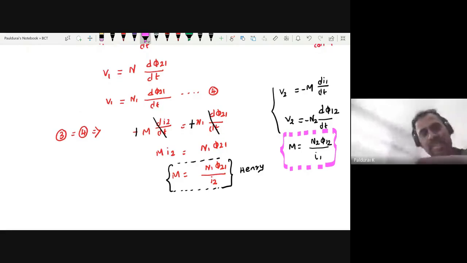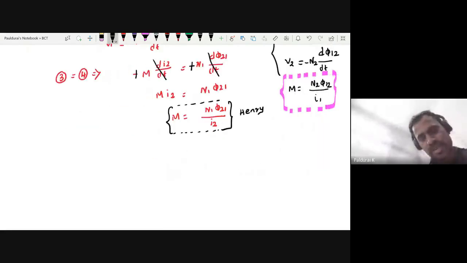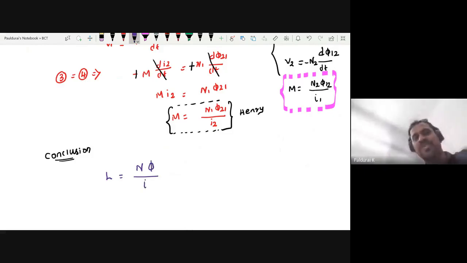Okay, I will give you the conclusion. This is very important. You know the formula for self inductance L. This is number of turns times φ divided by I. Once you remember this formula, then M is given by, if it is I1, obviously it produces EMF at coil 2, so that is N2, then φ, first take this 1, φ12. Or otherwise, if it is I2, so it becomes N1, φ, first you take this 2, then 1.